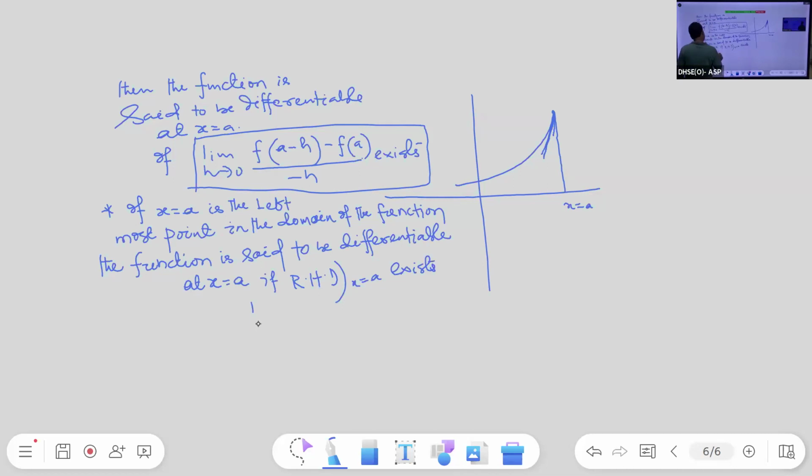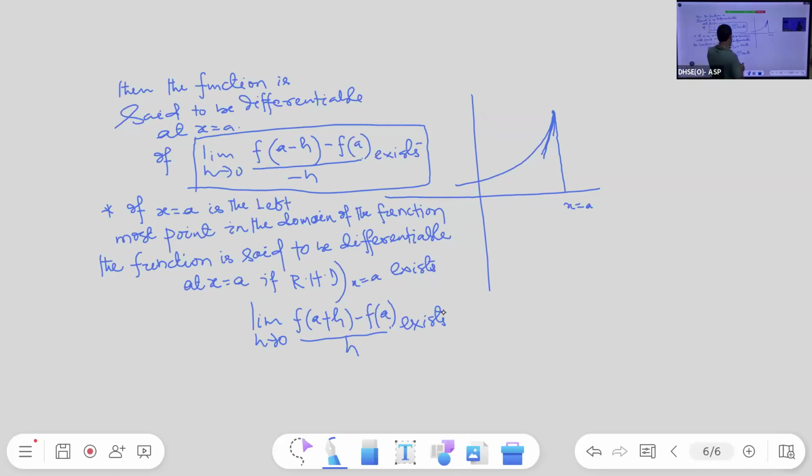That is limit h tending towards 0 f of a plus h minus f of a upon h exists.